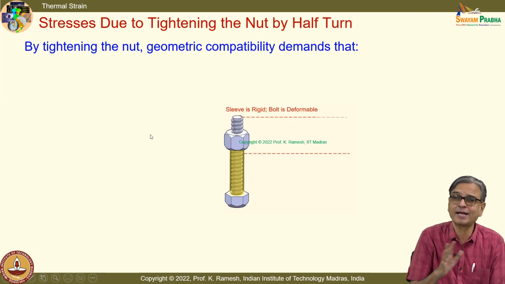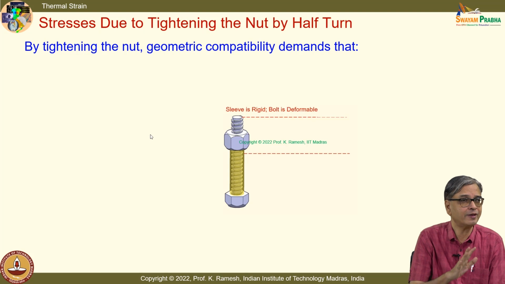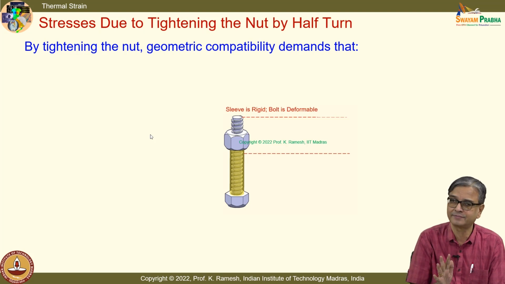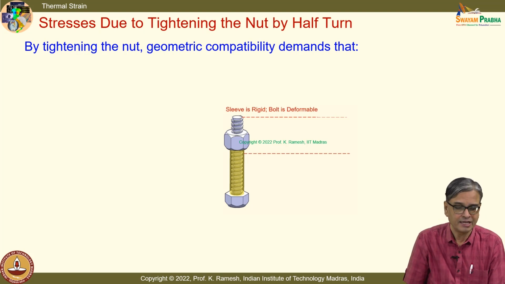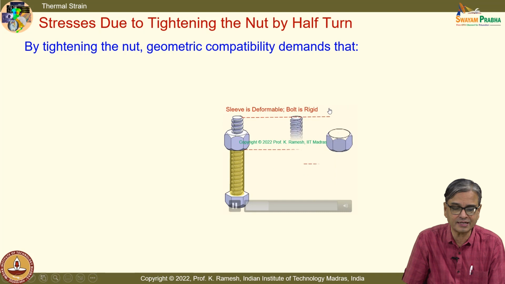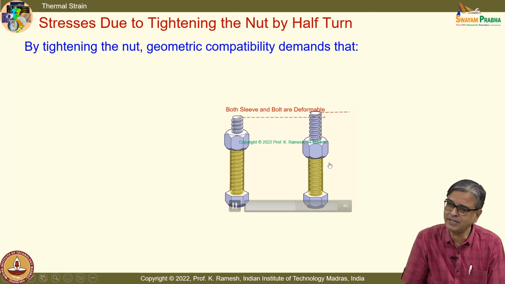Then understand what happens in extreme situations. From that, you hypothesize and find out what could happen when both are deformable. Is the idea clear? We have seen that if the sleeve is rigid, whatever the movement of the nut is determined by the elongation of the bolt. If the bolt is rigid, whatever the movement is done by the sleeve.